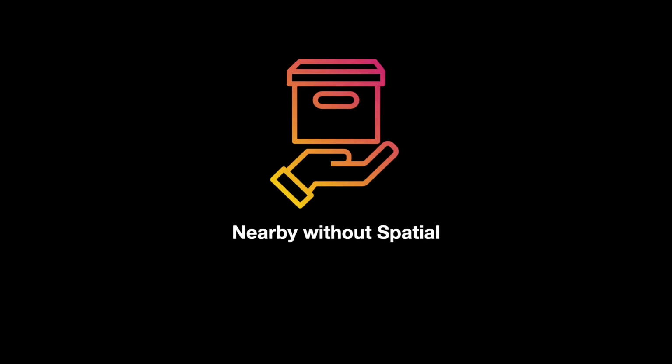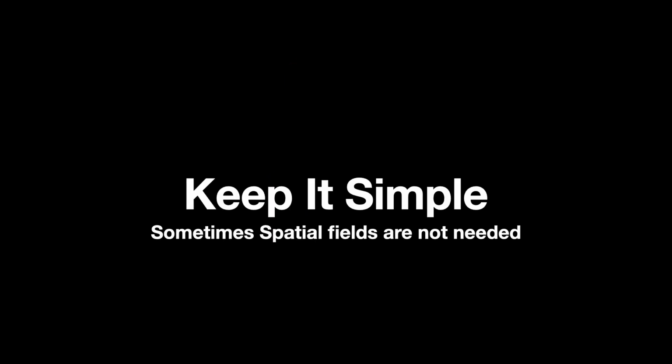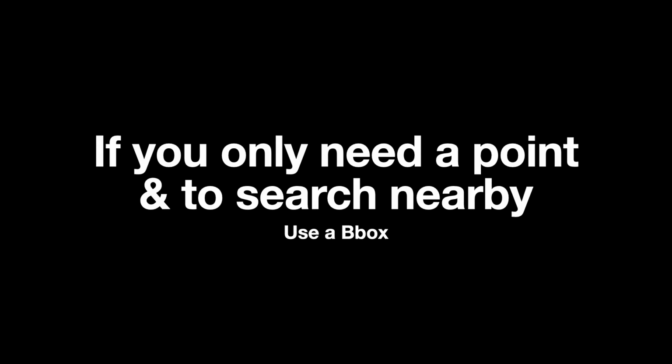Nearby, but without using a spatial geometry. This is the real speed trick with a point location. You don't use a spatial field, you keep it simple with just two numeric fields, latitude and longitude. The caveat is that you can only query about what's nearby a location, and even then it's a bit rough.